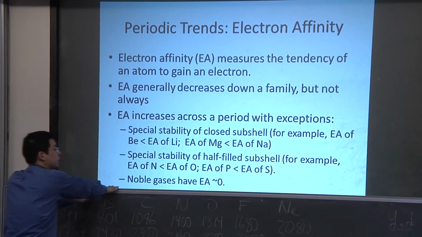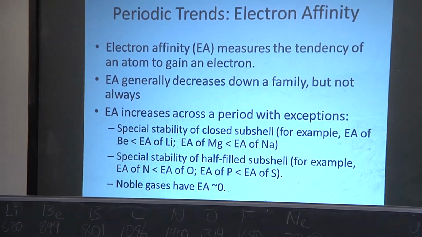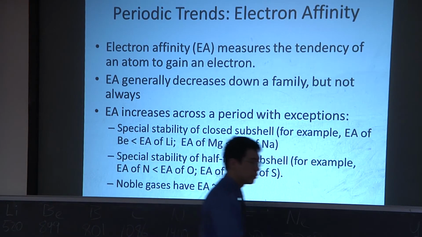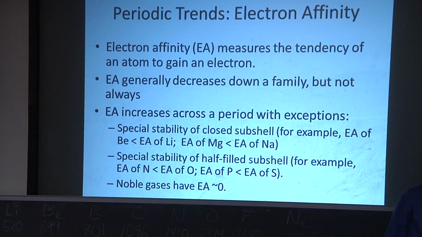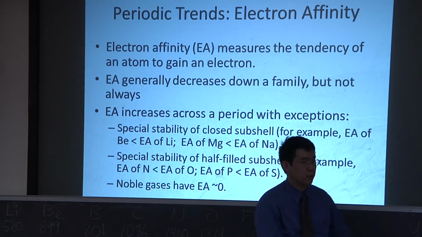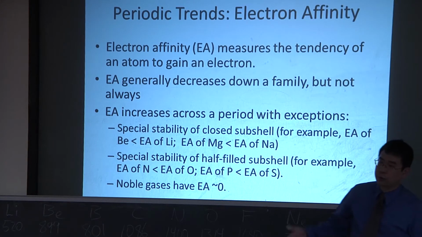The next, and I believe this is the last trend that we're going to look at, is called electron affinity. Electron affinity measures the tendency of an atom to gain an electron. So this is the opposite of ionization energy. Ionization energy is how easy it is for an atom to lose an electron. Electron affinity is how easy it is for it to gain an electron.